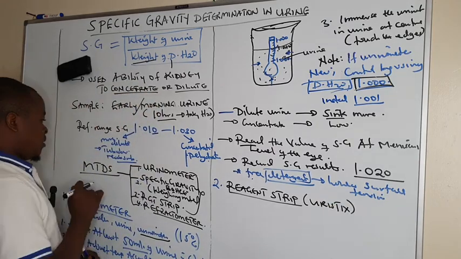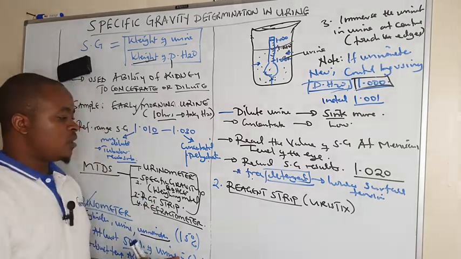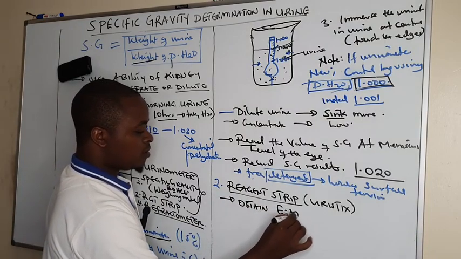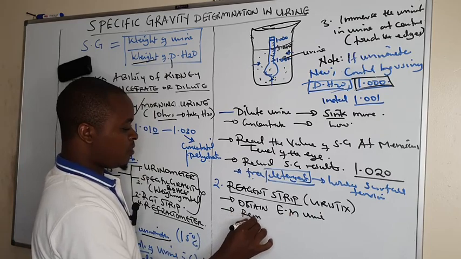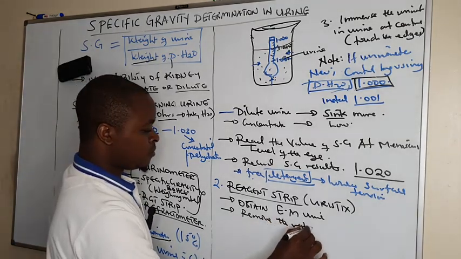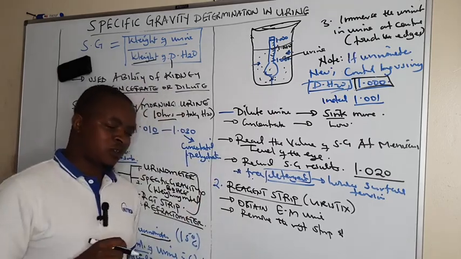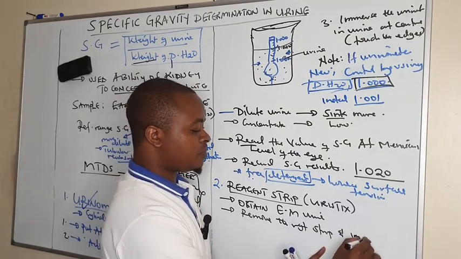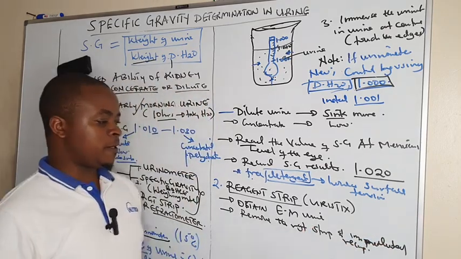After obtaining the early morning urine, you remove the reagent strip and immediately recap the urine container.